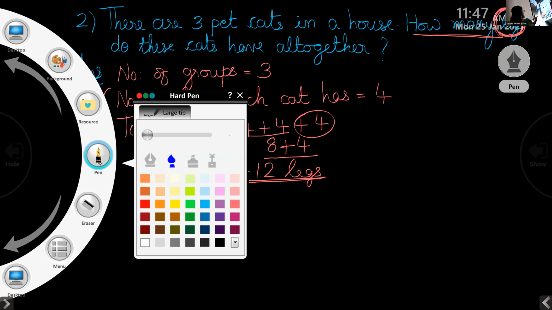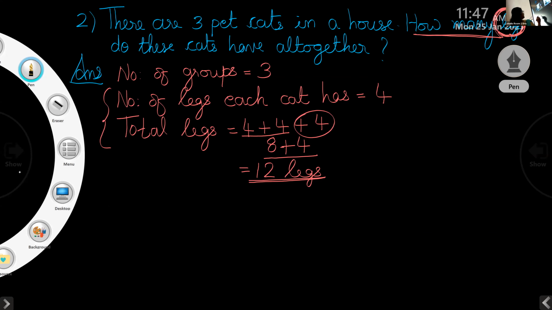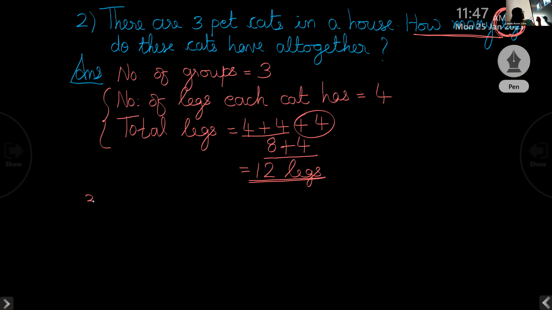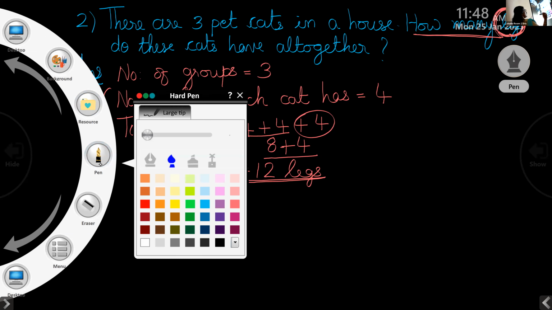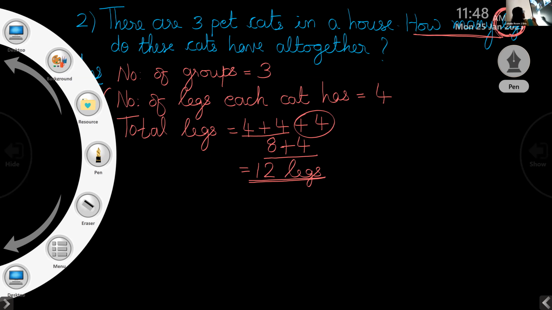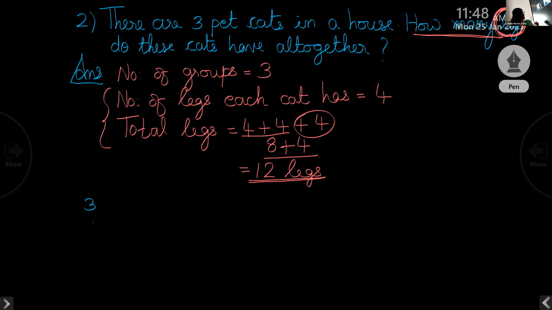Now question number 3. If you have completed, write the question with me. Third question. A star has 5 corners.